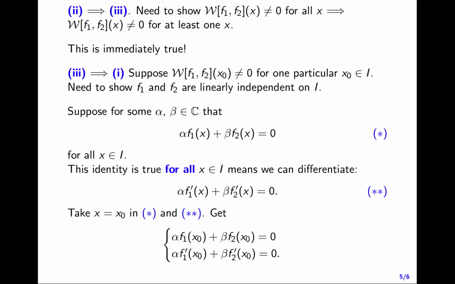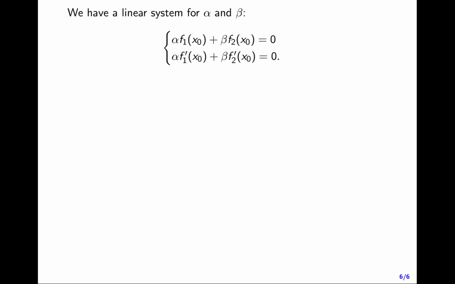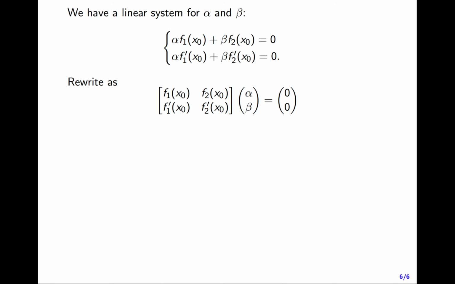Alpha and beta are arbitrary, so I can think of this system as a linear system in alpha and beta. In other words, I rewrite it as a matrix vector problem, as I like to do. So this system for alpha and beta is equivalent to the matrix vector problem: the matrix with f1 of x0, f1 prime of x0 in the first column, f2 of x0, f2 prime of x0 in the second column, times the vector alpha beta, is equal to the zero vector.